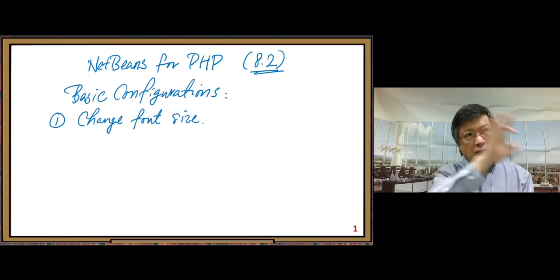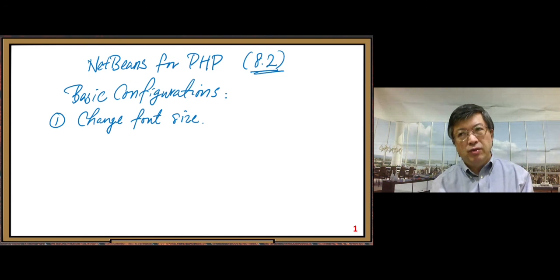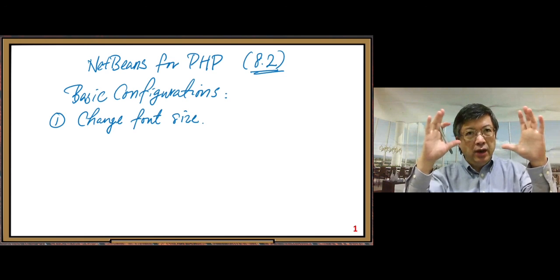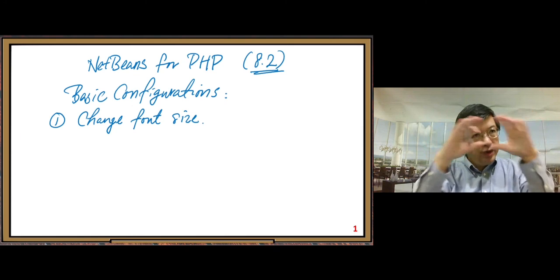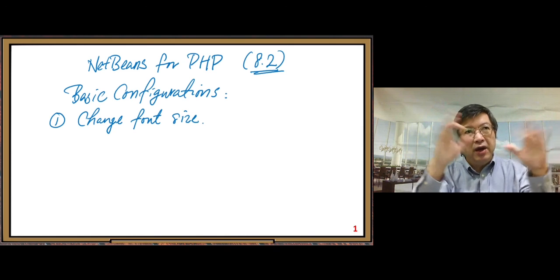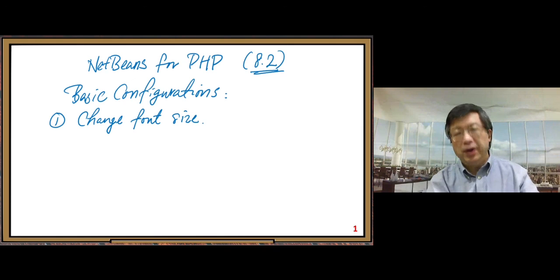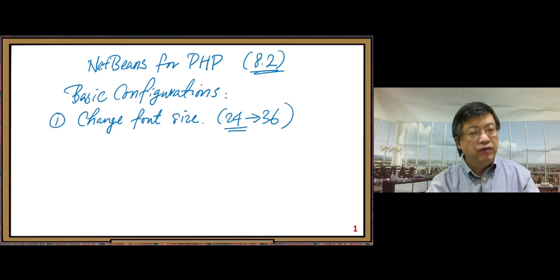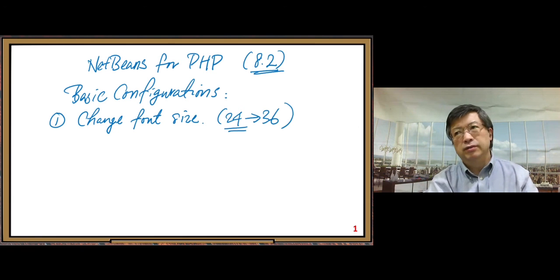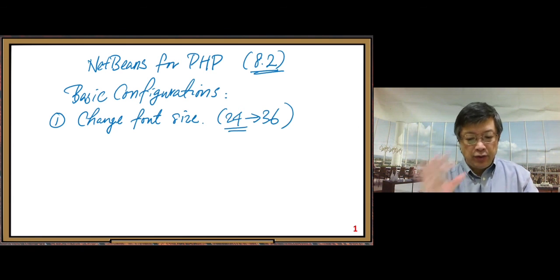But in some places the font is still small. For the editor, where we write programs, we need a much bigger font. The size I changed from 24 to 36. The original default is 24. 24 looks not that small, but when we look at it, it is very, very small. So we need to do that.